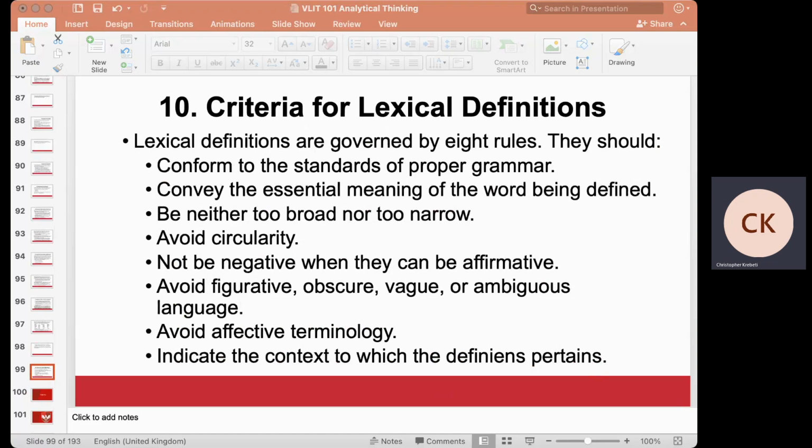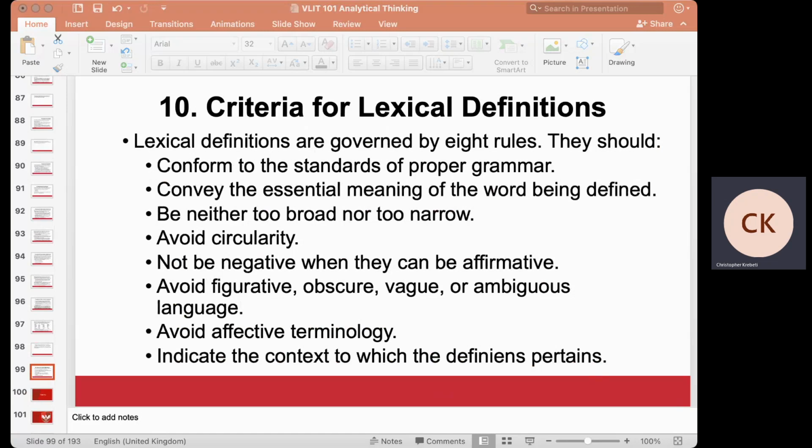And then 3, be neither too broad nor too narrow. Avoid circularity. If you read the text, you will find what it means to make a circular definition. You get a number of examples. Not so, you should not be negative when they can be affirmative. If you know the statement you want to make, and the definition can be affirmative, you don't need to make it negative.